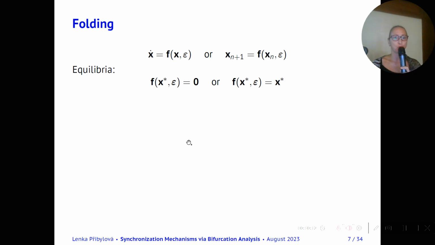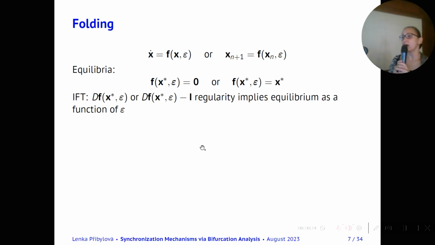So imagine the left equation, that is related to the equilibrium of the continuous system. According to the implicit function theorem, the equilibrium is a function of the parameter if the Jacobian matrix is regular. If not, we probably have the fold.